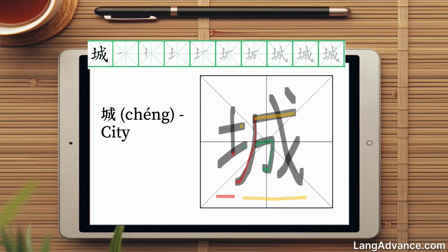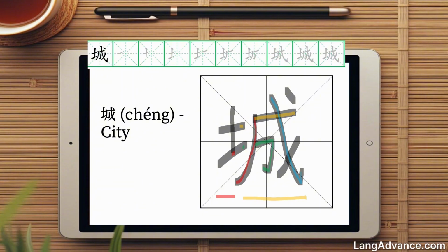Now let us start with this line over here. It must be in the middle. So when you drag it down and you have that hook, we are almost there.